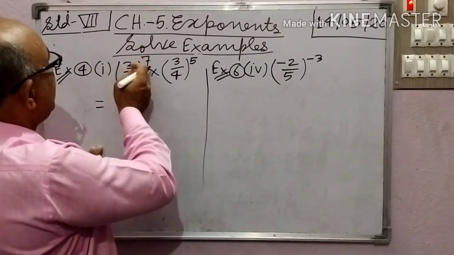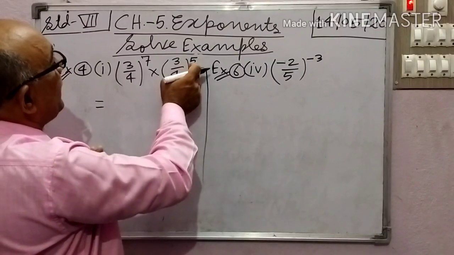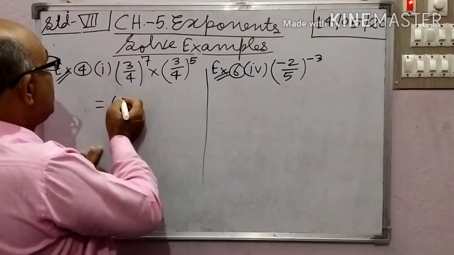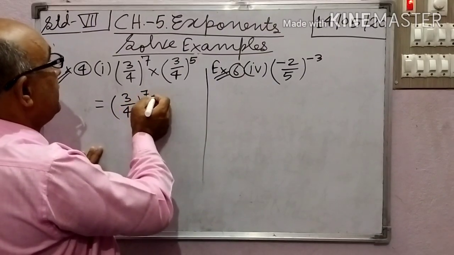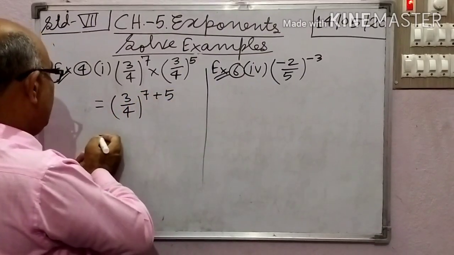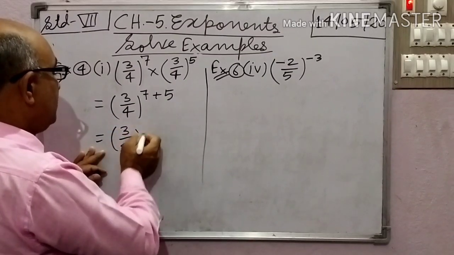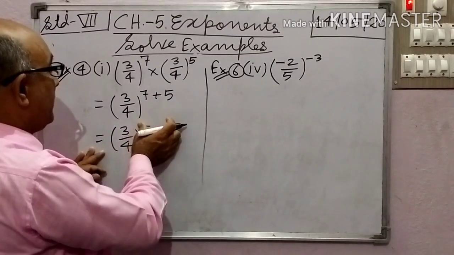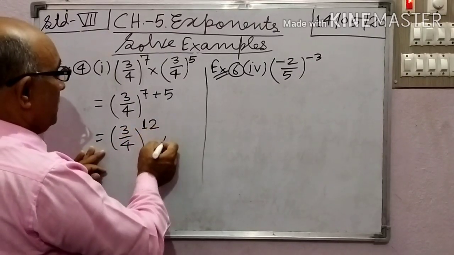So (3/4) to the power 7 into (3/4) to the power 5 equals (3/4) to the power 7 plus 5, that is (3/4) to the power 12. Answer.